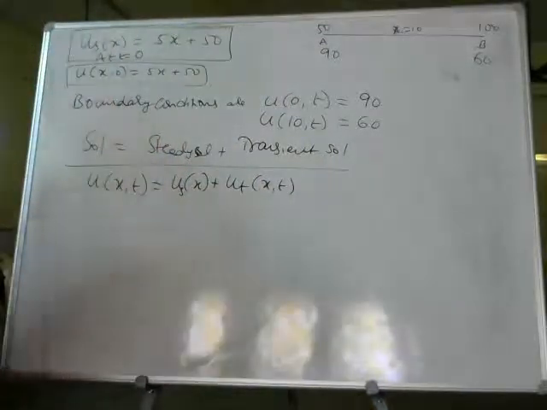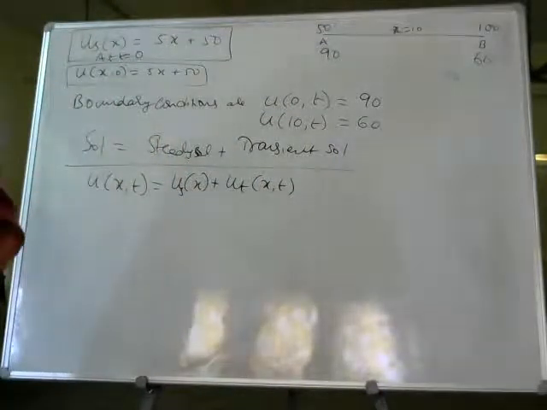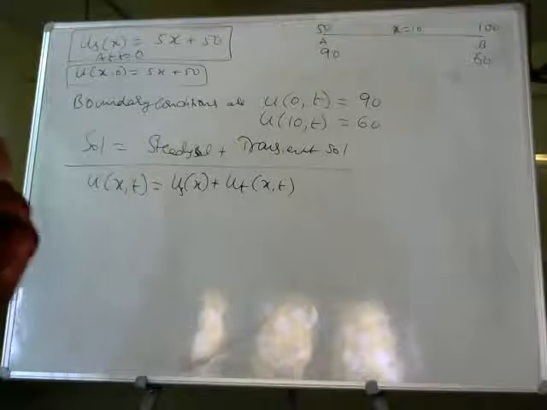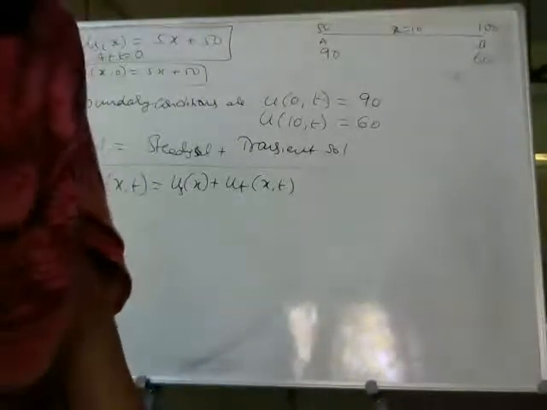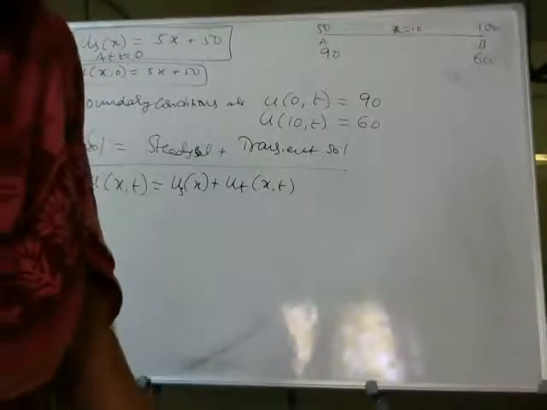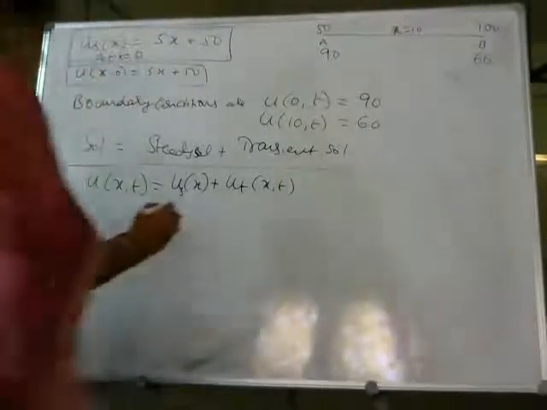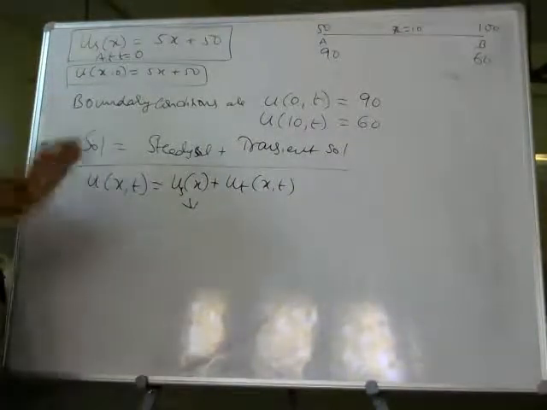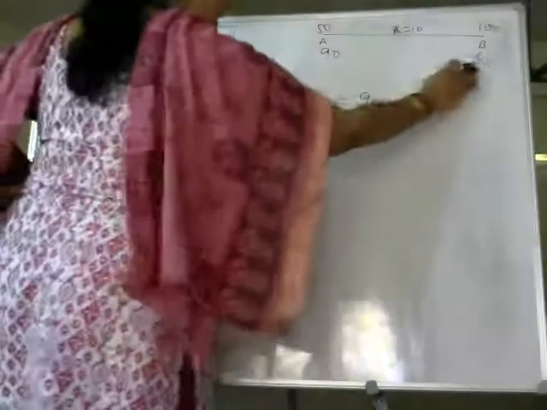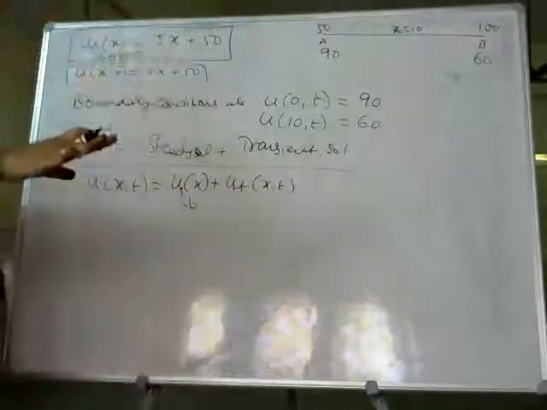So now we calculate first the steady state solution, then how we calculate the transient solution, and then we go with the complete solution, the process we have done over here. First we start with the steady state solution. What is the steady state solution again? The temperature is changed to 90 and 60 and again it is kept steady.